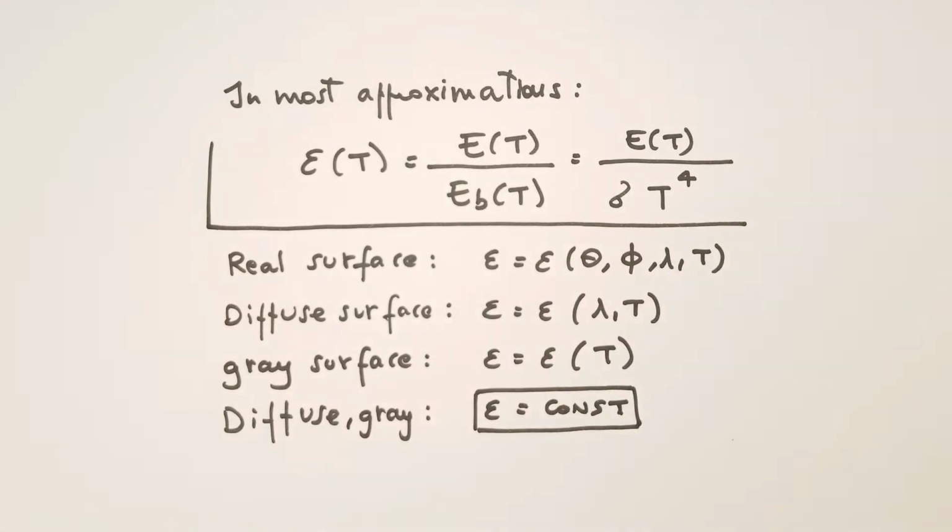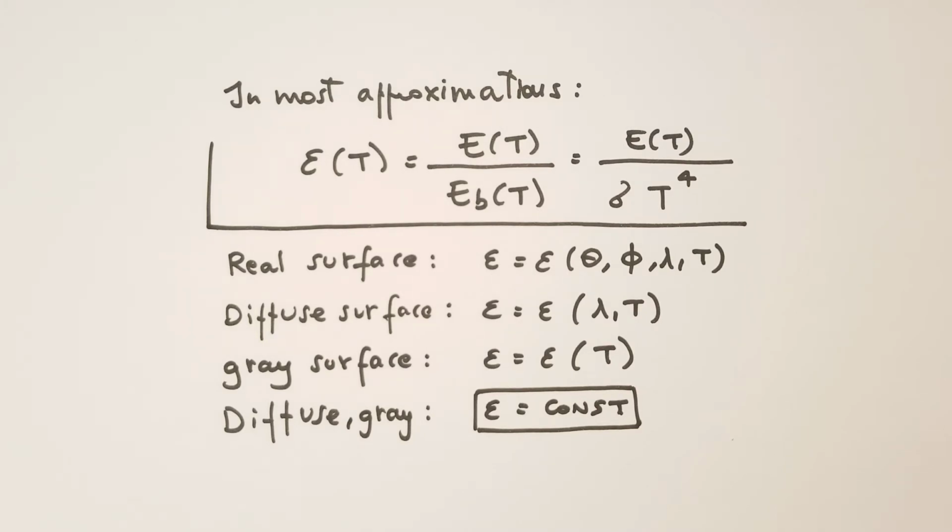So in the most general case, real surface, we said that epsilon depends on the wavelength lambda, on the temperature of the surface T, but also on the orientation. Instead, if we have a surface for which the emissivity does not depend on the orientation or the direction of radiation, then we talk about a diffuse surface.